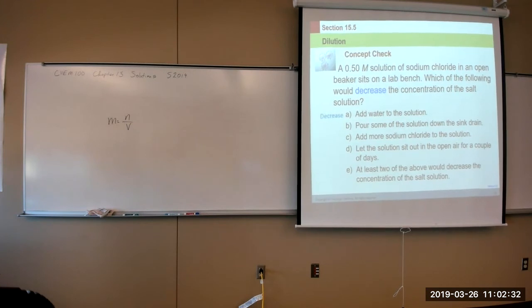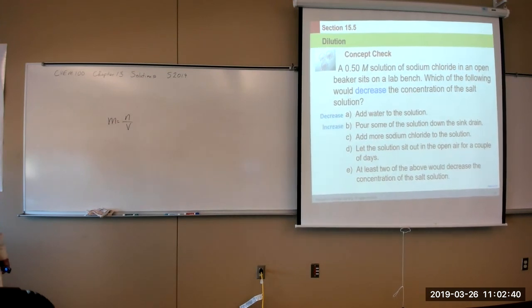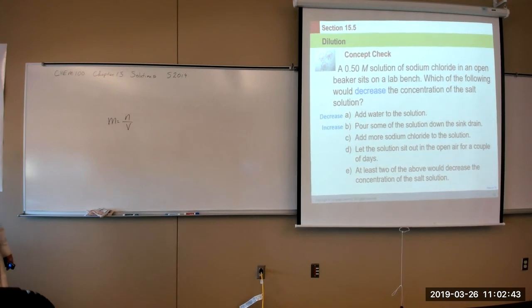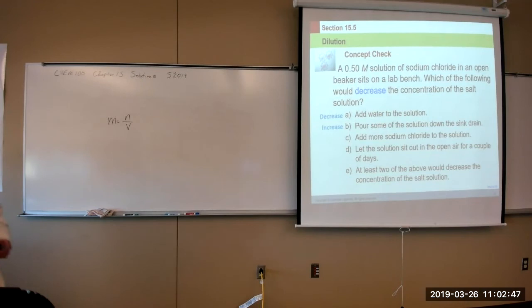Pour some of the solution down the sink. That doesn't change the concentration at all. Wait a minute. No, it doesn't change it at all. That's a mistake. Where is it? Here it is. That's no change.